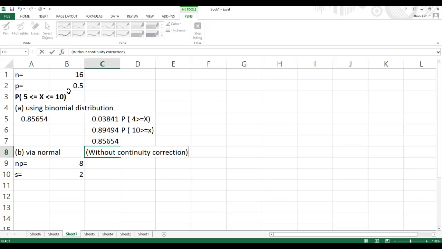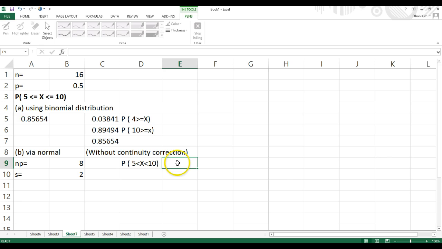Okay, so this is simply going to be the probability of x greater than or equal to, or greater than, it doesn't matter because normal is always the same, and 10. And for normal distribution, we use the following.